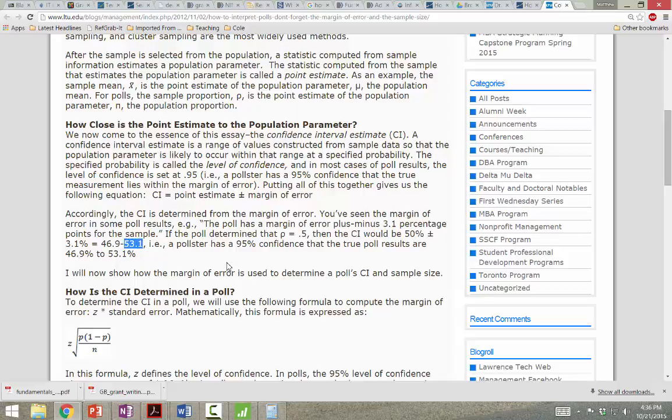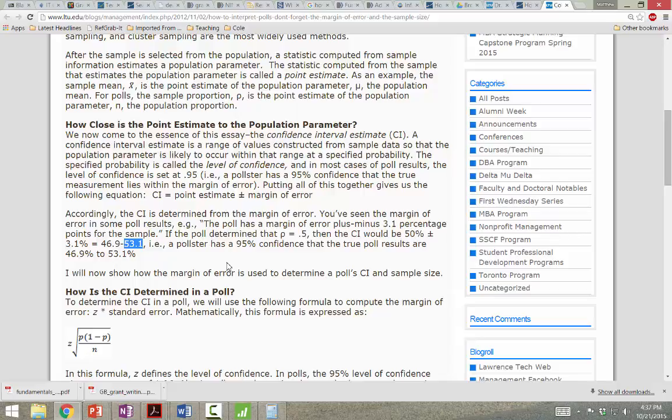Okay? This is why it's important, because it will tell us, for example, is there really a difference in the polls? Let's say one result was that the sample said they'll vote for candidate A 53% of the time.